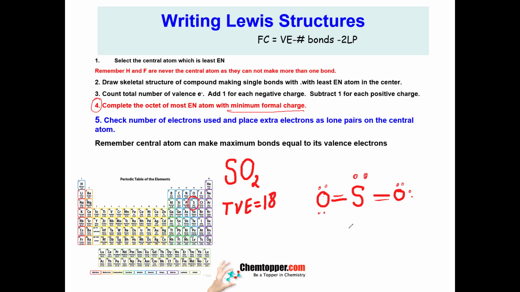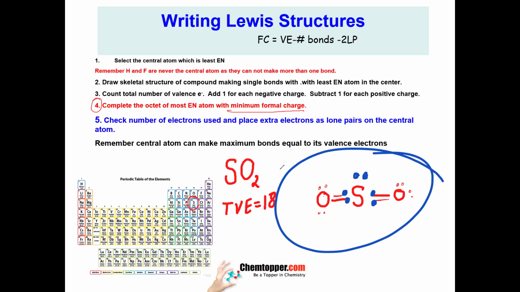Sulfur has 6 valence electrons. How many has it used? 1, 2, 3, 4, 5, 6. All 6 are used. Sulfur is happy, oxygen is happy. This is the Lewis dot structure of SO2. Exactly the same Lewis dot structure will be for SeO2. They're in the same family. Exactly the same for TeO2 because their valence electrons are the same.